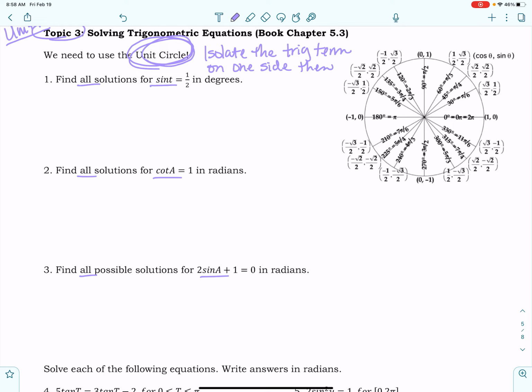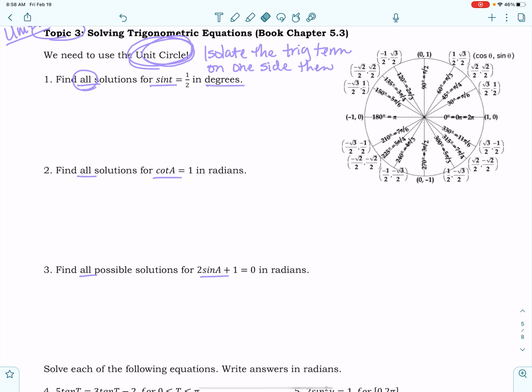So on number 1, find all solutions for sine t equals 1/2 in degrees. So we have been told that we need our answer in degrees, and we're finding all of the solutions. When I talk about all of the solutions, I mean all of the possible solutions for every possible rotation of the circle from the value that you get here.